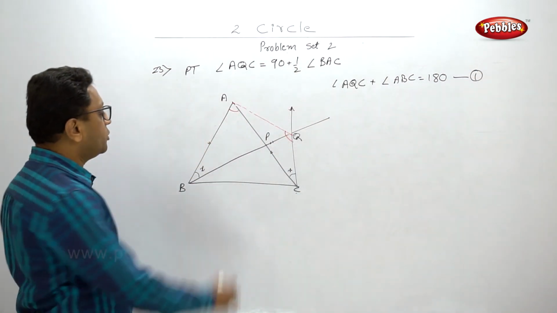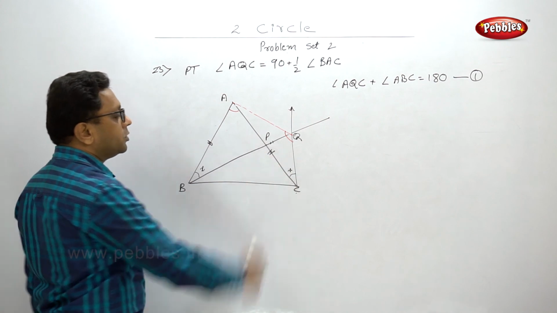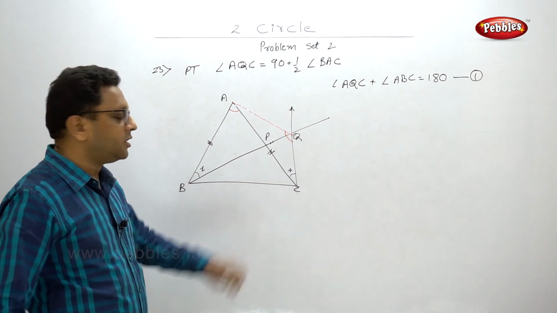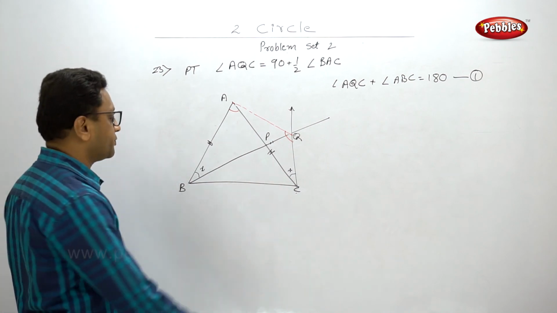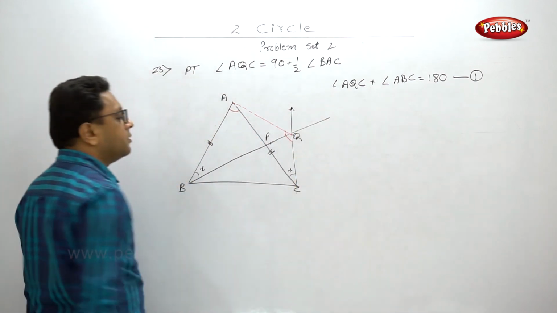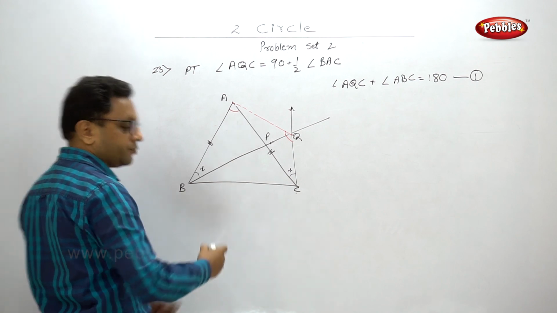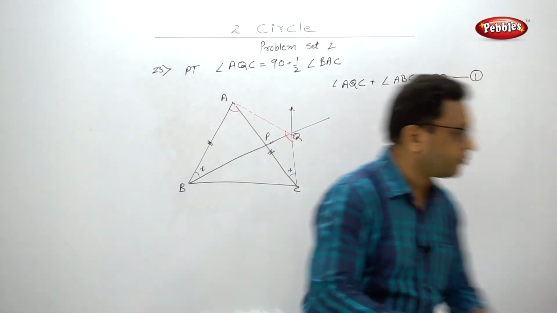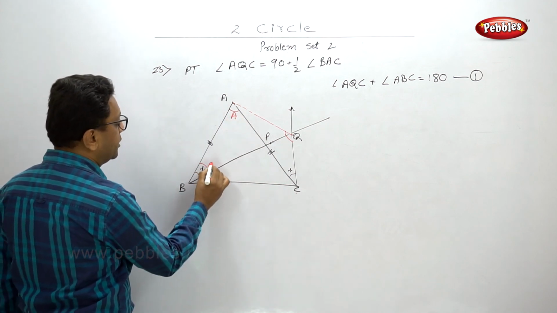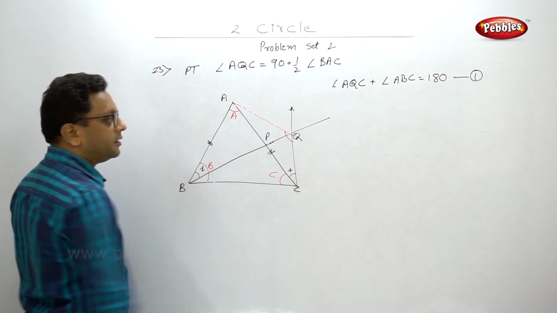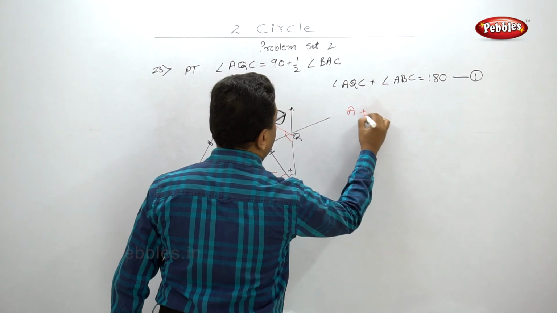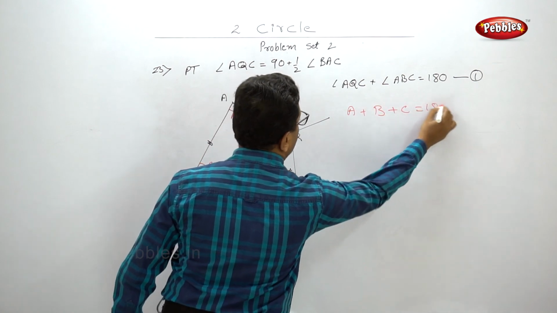Now in this triangle we know that these two sides are congruent. They are given, it is an isosceles triangle. So angle B and angle C are congruent angles. Correct? So let us write this as angle A, this complete as angle B, and this complete as angle C. So angle A plus B plus C is equal to 180.